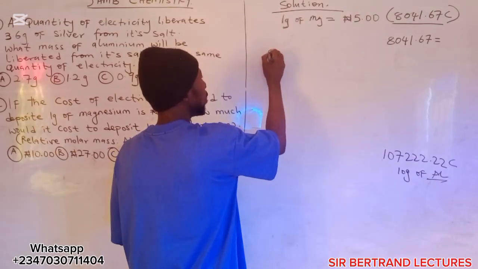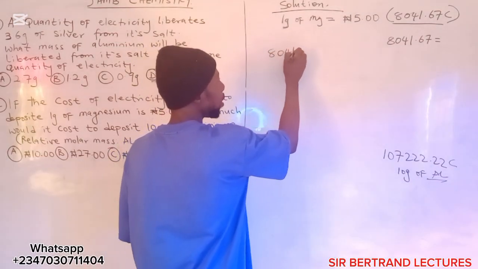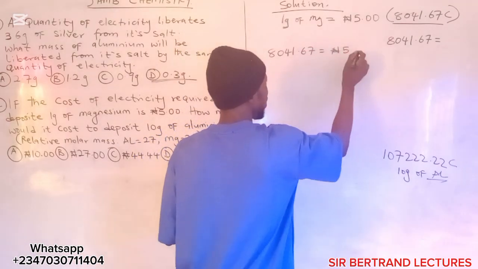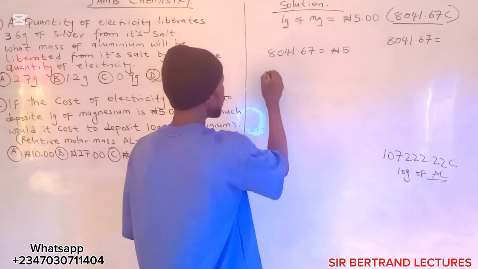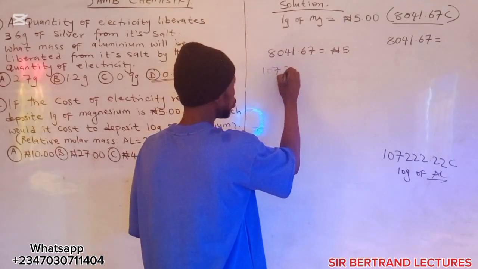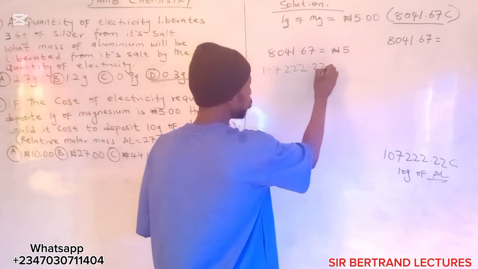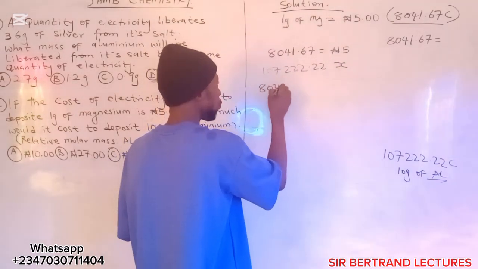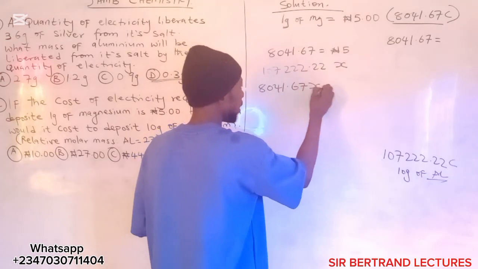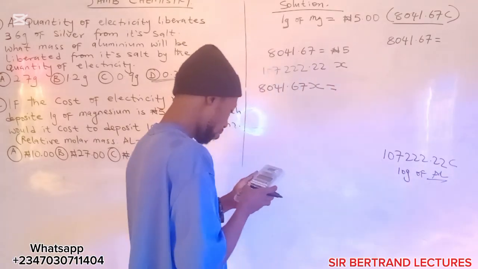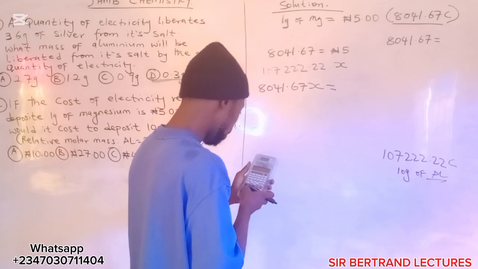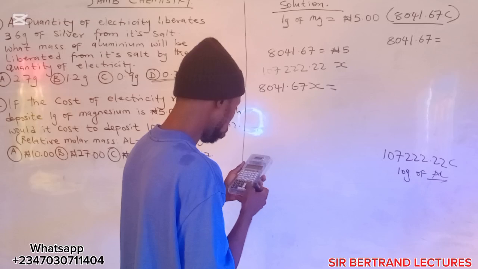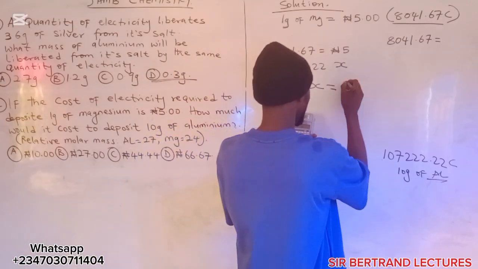Now here, 8041.67 because 5 naira, then 107,222.22 because how many naira? Multiplying this will give us 8041.67x against 5 multiplied by 107,222.22.